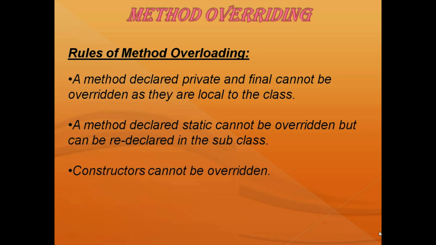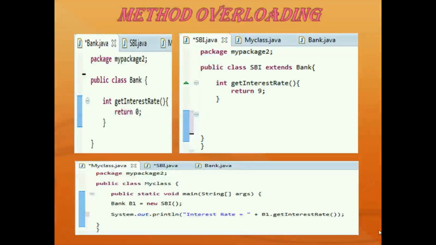And lastly, constructors cannot be overridden. So this is all about what method overriding is, what its use is, and what rules are to be followed when dealing with it.